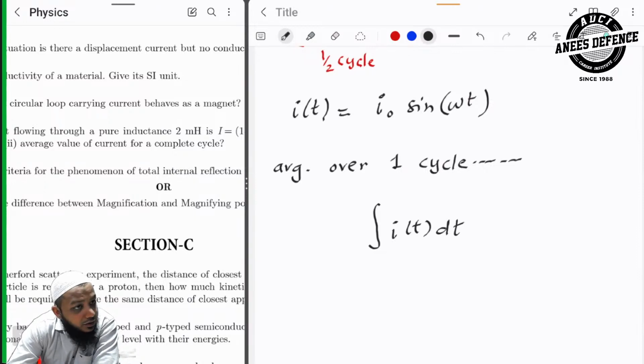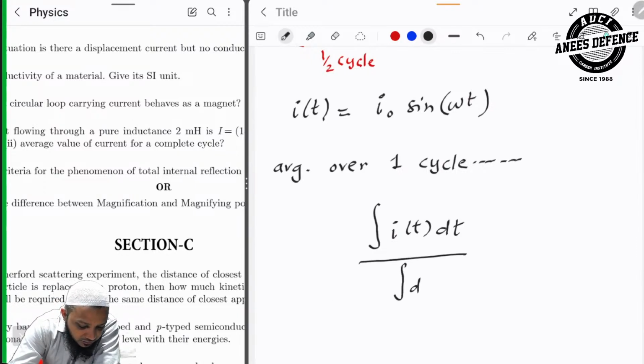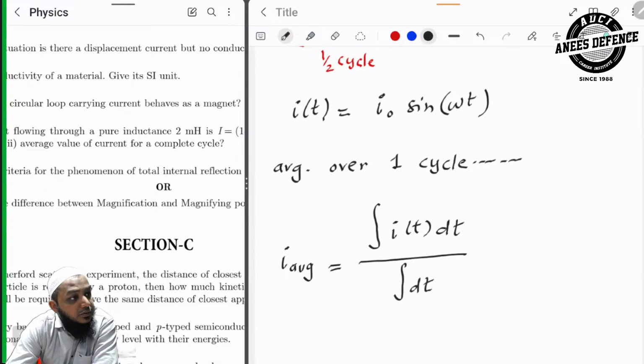So we have added all the currents, but for taking average we have to divide by total time. So therefore I will add time also. Number of samples means what? We have taken the sample with time, na. Therefore we have to divide it with total time. So this is what? This is the average current over full cycle.